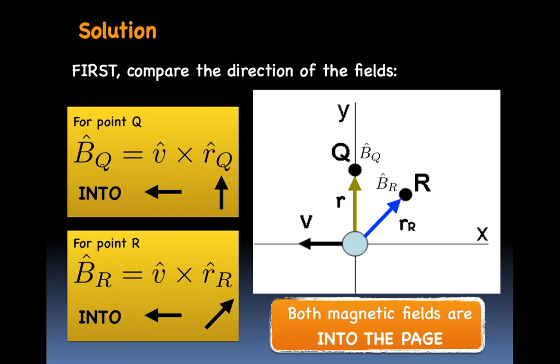At point R, still the charge is moving to the left. Point R is located in the northeast direction. Doing the right hand rule, we can verify that the magnetic field, as denoted by our thumb, is pointing into the page. Here we find that both magnetic fields at point Q and point R are into the page.